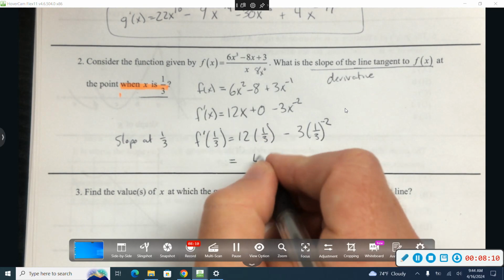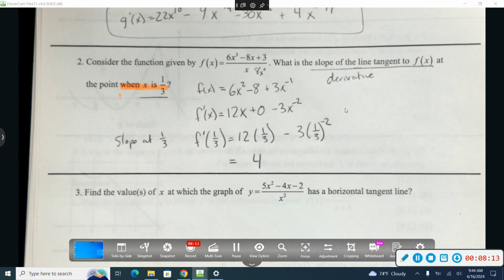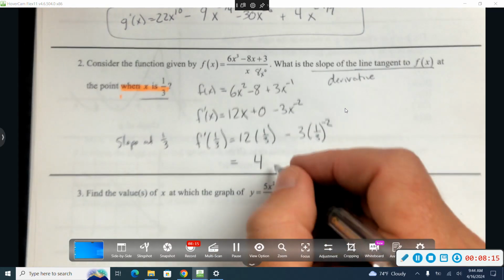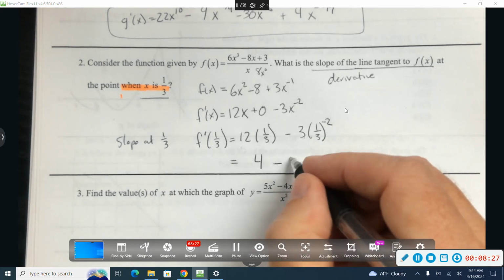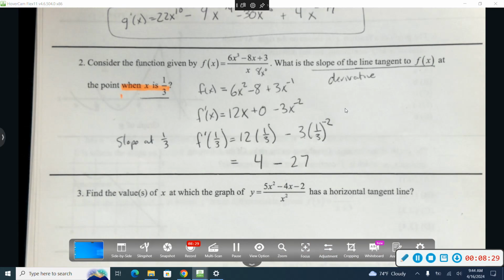So 12 times 1/3 is 4, that's easy. Minus, flip the 1/3 and square it. So if I flip it, I get 3. Square it, I get 9. Multiply by 3, I get 27. Hope that wasn't too many algebra steps without showing steps.